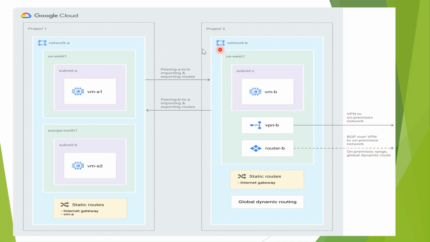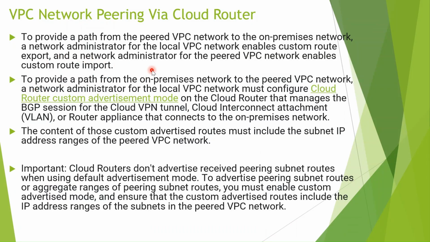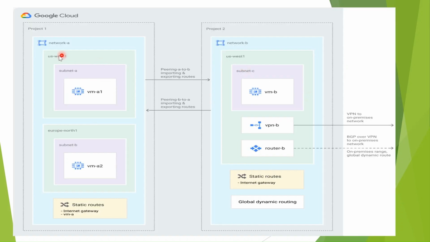The custom routes are coming and it will export them to this network, and the network administrator from the peered VPC network enables custom route import, so that it can import the routes. So it is exporting and it is importing.